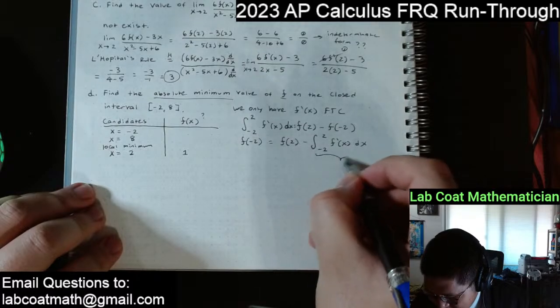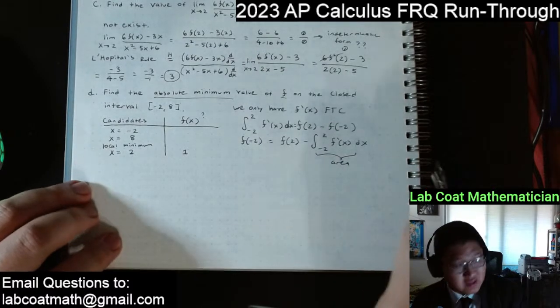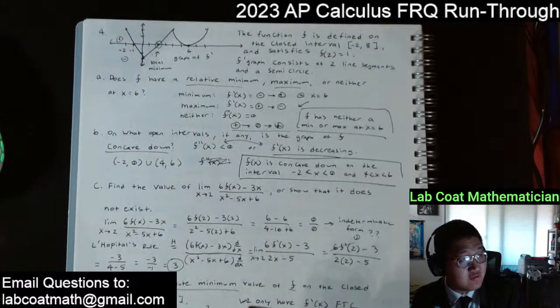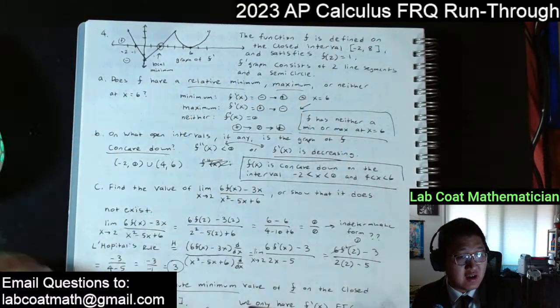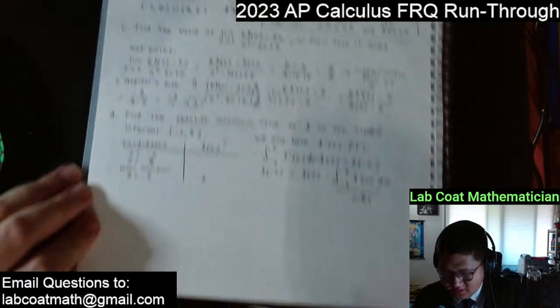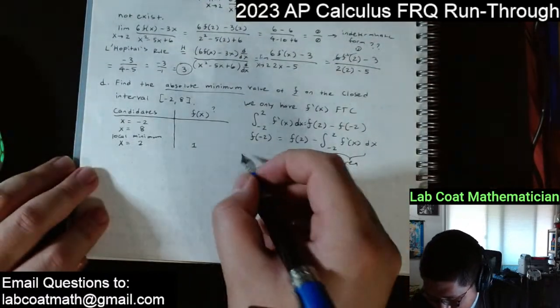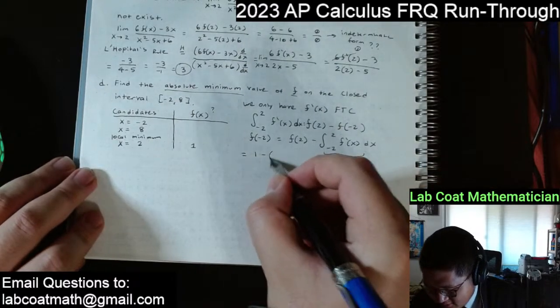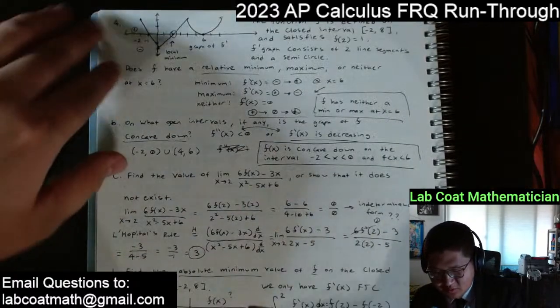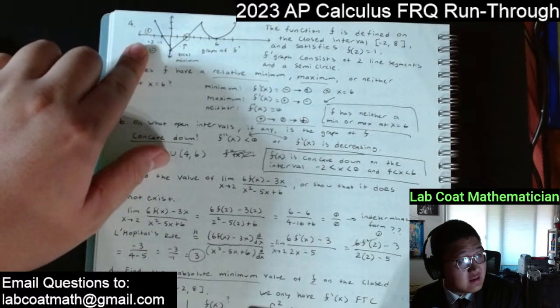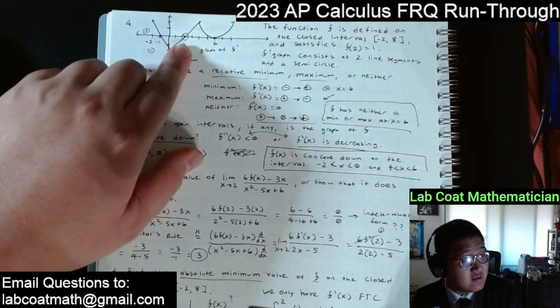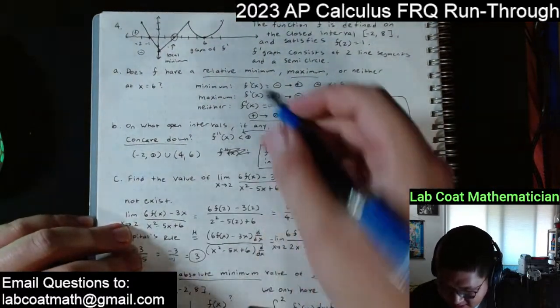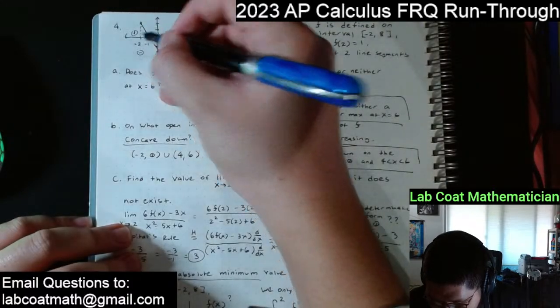Of course, this is an area that we can look at underneath the curve of the graph of f prime, as we're taking the definite integral of f prime. So because of that, f of 2 is going to be positive 1, and we're subtracting away the actual interval going from negative 2 all the way to positive 2 right there, which means that we have two triangles, as you can see right here.